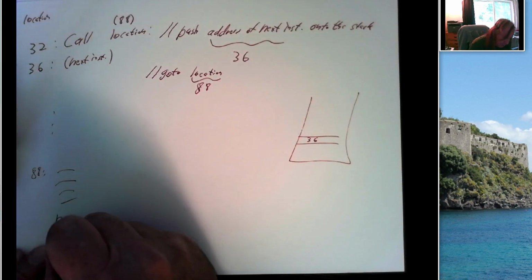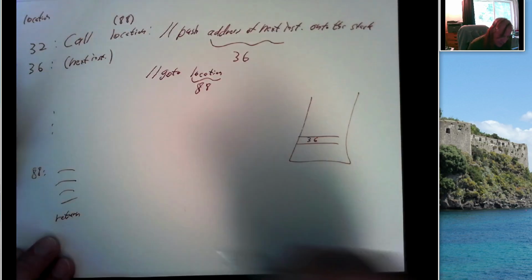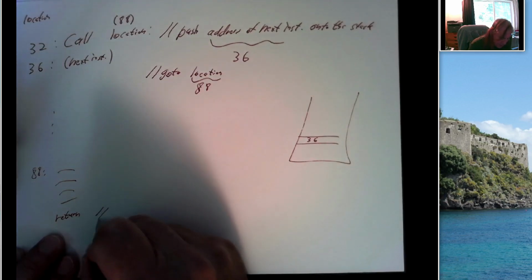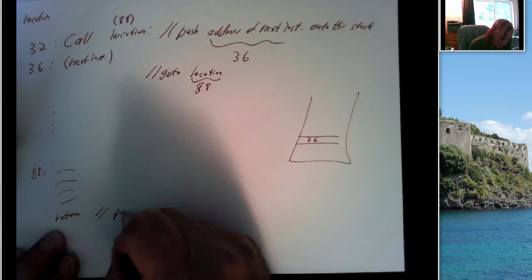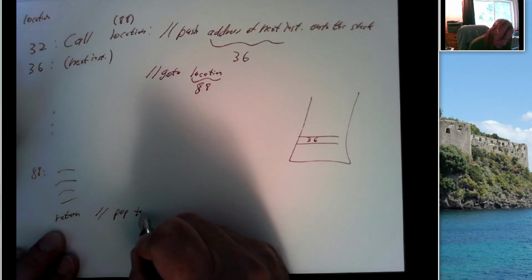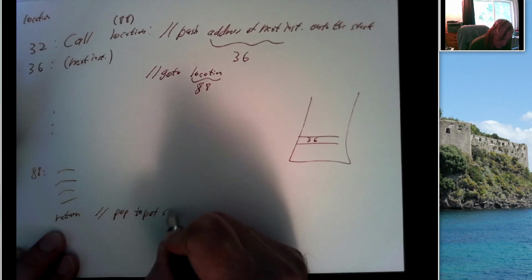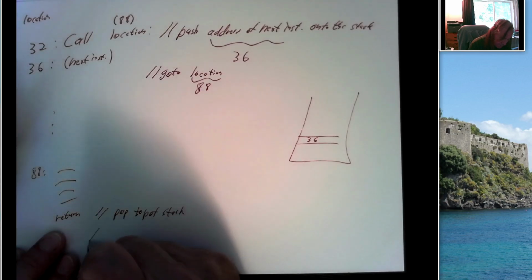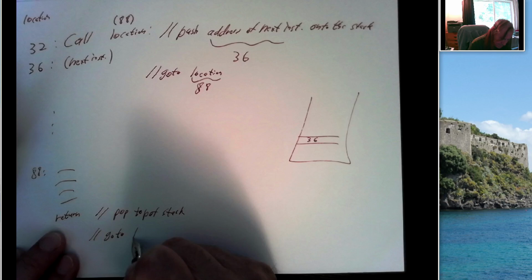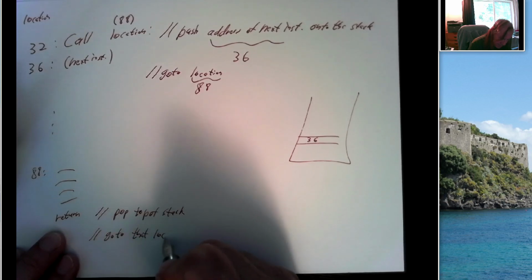So somewhere at location 88 there's some instructions happening. At some point we're going to hit a return instruction. What does return do? Return says pop top of stack, and then go to that location.